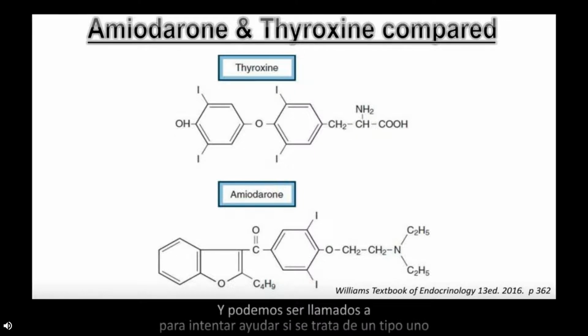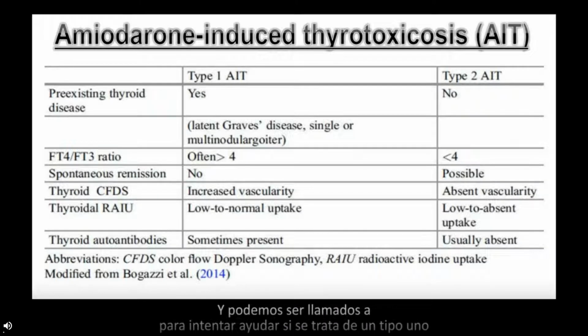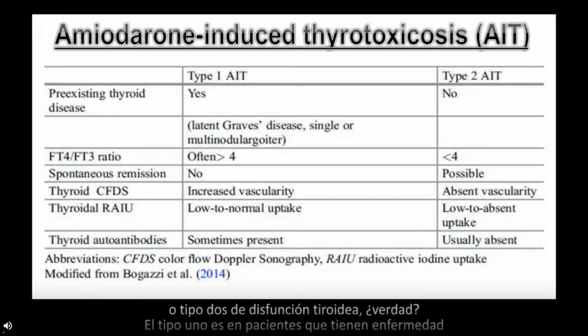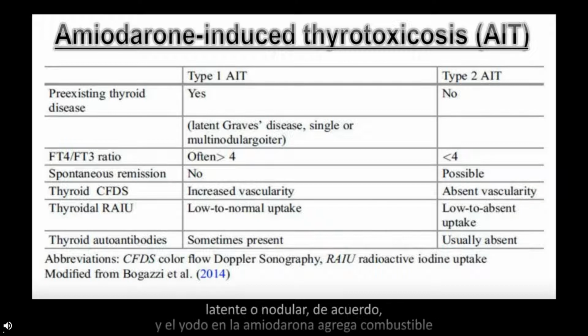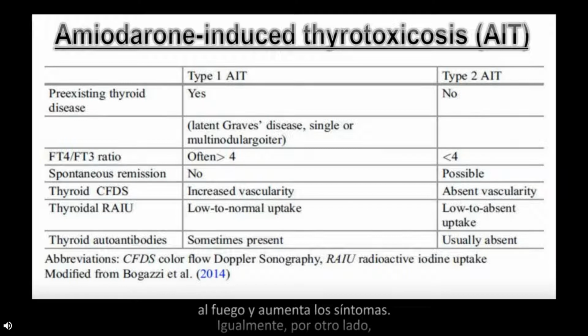And we may be called upon to try and assess whether it is a type 1 or type 2 thyroid dysfunction. Type 1 is in patients that have latent or some nodular disease, and the iodine in the amiodarone adds fuel to the fire and increases the symptoms.